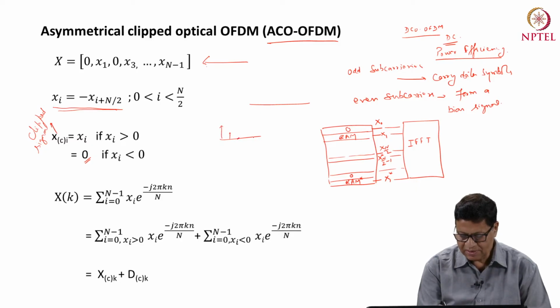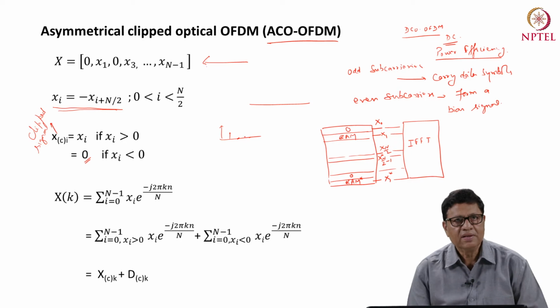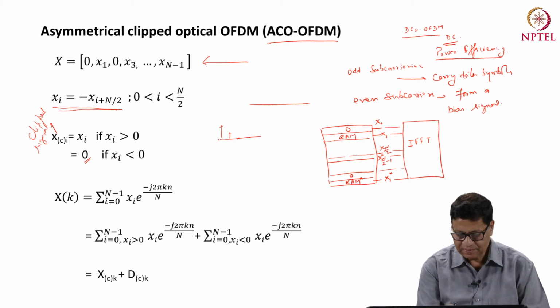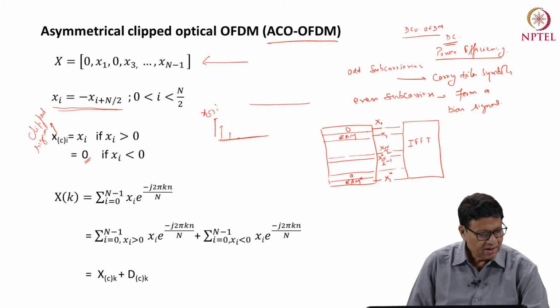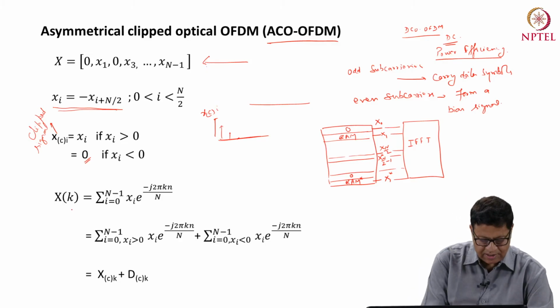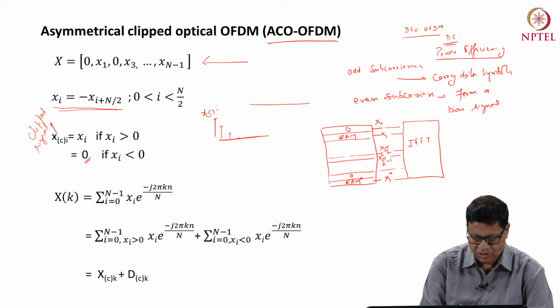The negative samples will be clipped. So this is actually x_ci. Right, and X_k, the data symbol, is equal to the summation from i equal to 0 to N minus 1. This is the same as we have done in the DCO OFDM case. x_i into e raised to minus j 2 pi kn divided by N.